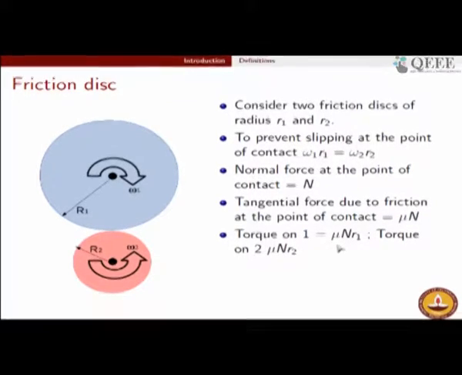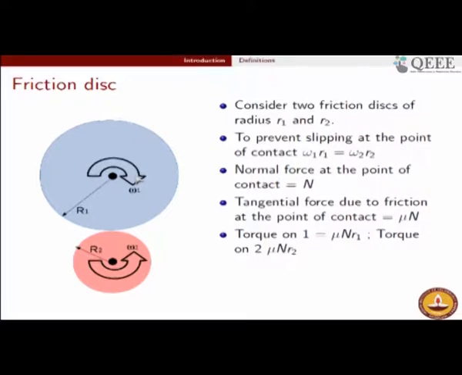You get to see that both the expressions for torque have embedded in them the value of N, which means that only a large normal force will permit the transmission of a large torque. Now that large normal force will eventually get transferred to the shaft which holds the gear, and that large normal force acting on that shaft will cause shaft deflection, and once the shaft which is carrying this disc deflects, that means the engagement will be lost.